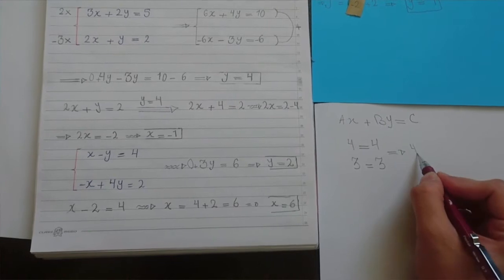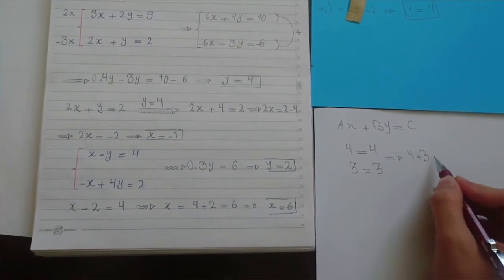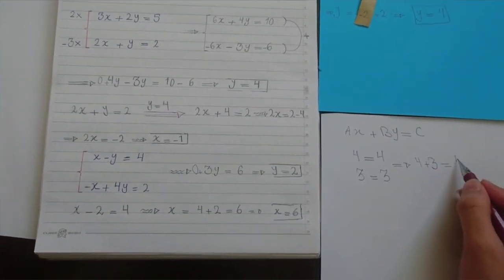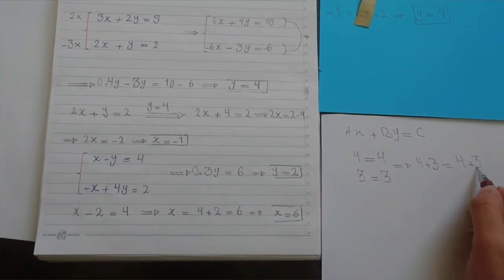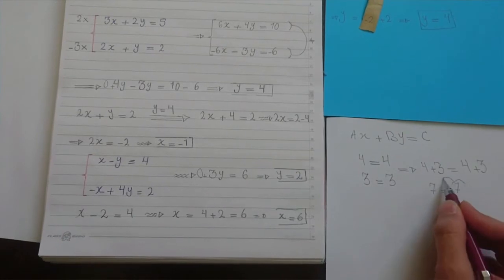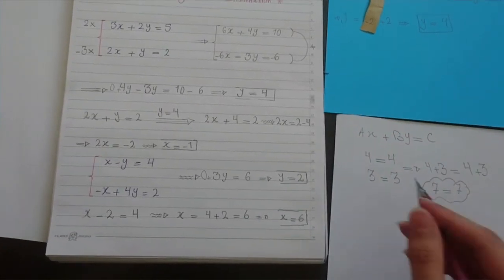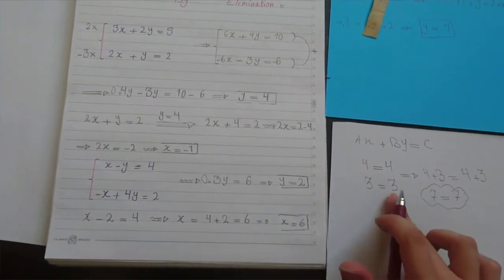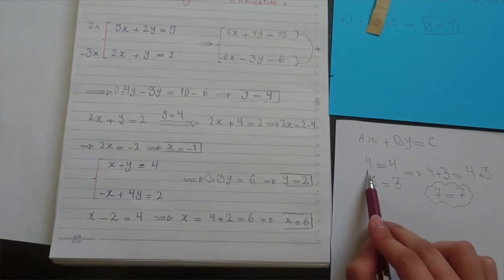So we will have 4 plus 3 on one side, and on the other side 4 plus 3, which is 7 equals 7, which is true. So we can add the same quantity to both sides of our equation.